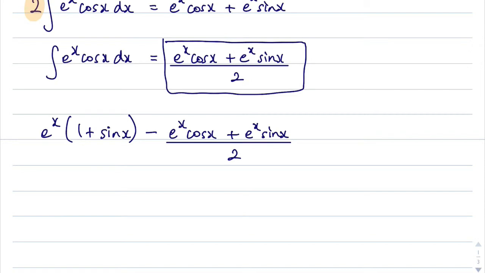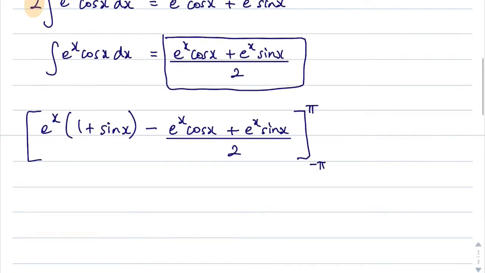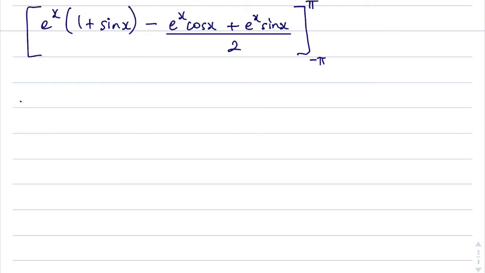Now we know that we have the limits of negative pi and pi. So the next step is to substitute in those limits. If you think about the graphs of sin x and cosine x, let's do a quick sketch.